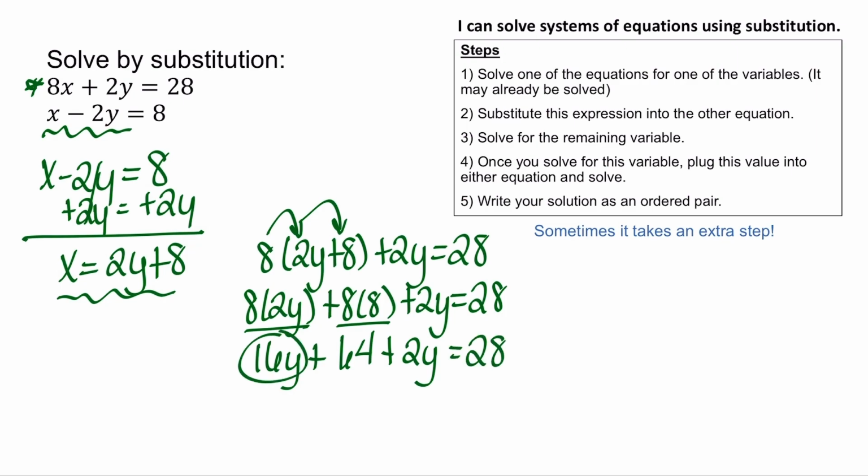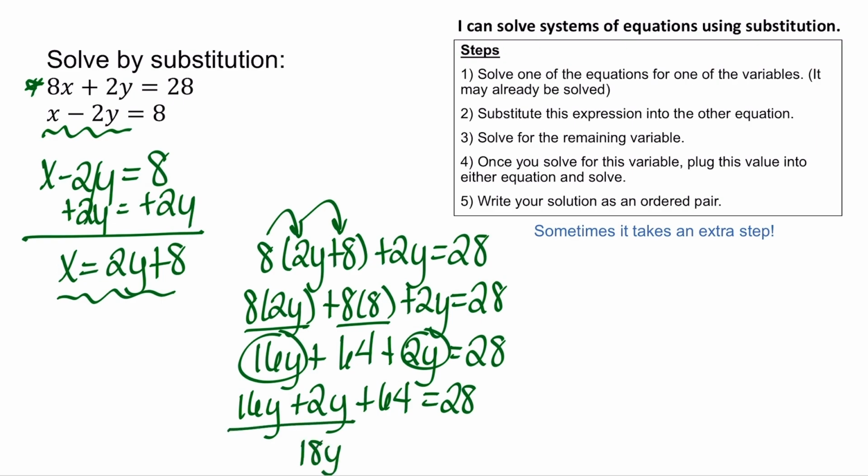Let's go ahead and combine these like terms. So we have 16y plus 2y, and then we have plus 64 equals 28. 16y plus 2y is going to be 18y. So we have 18y plus 64 equals 28.